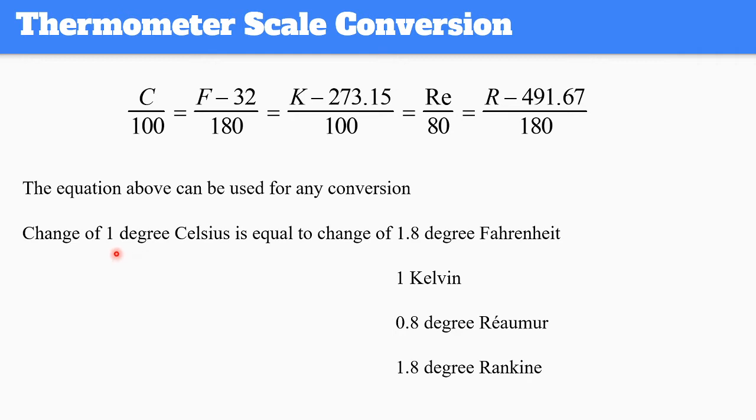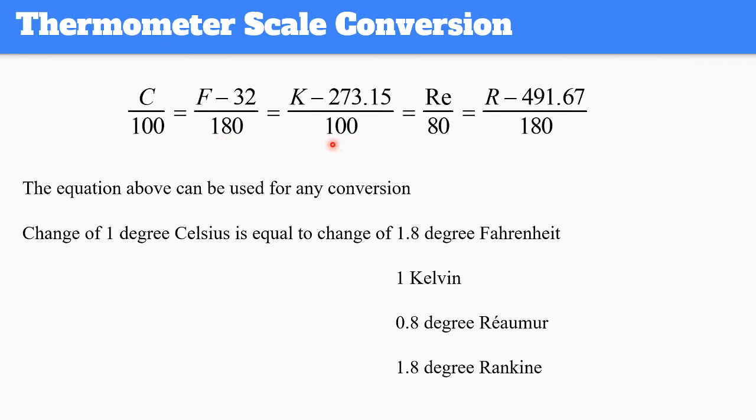Another thing over here is a change of 1 degree Celsius. If you change Celsius by 1 degree, what is going to be the effect in Fahrenheit? This is their scale, how much they change from 0 degrees Celsius to 100 degrees Celsius. This is obvious, it's just changing by 100. But Fahrenheit is changing by 180. So when this changes by 100, this is changing by 180.